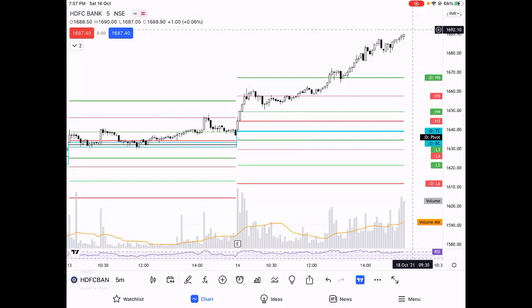What I mean is, you have a pre-described range for that particular script, according to which you can say that if the price takes out this range, it is moving to the higher band of standard deviation.